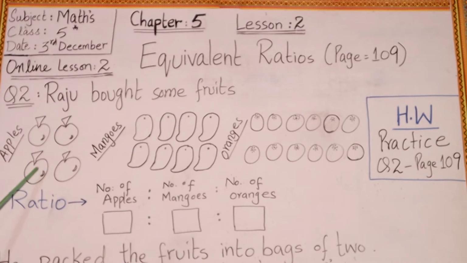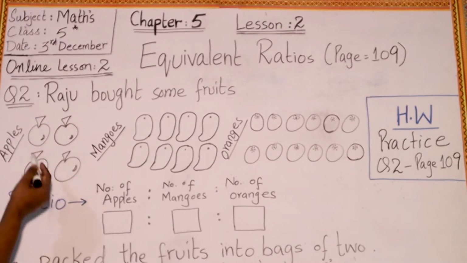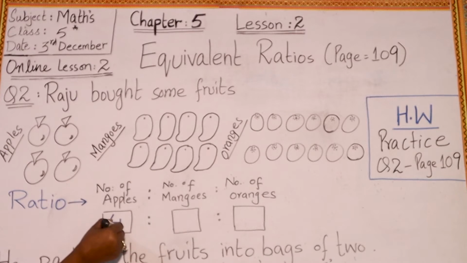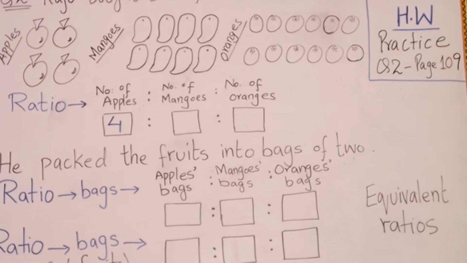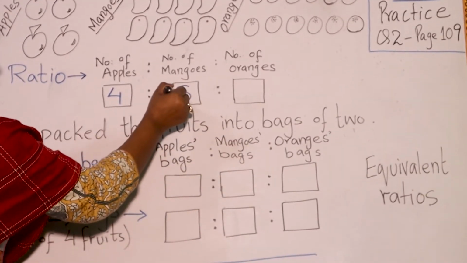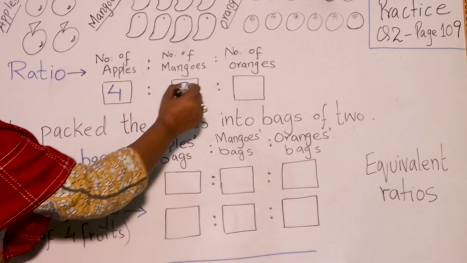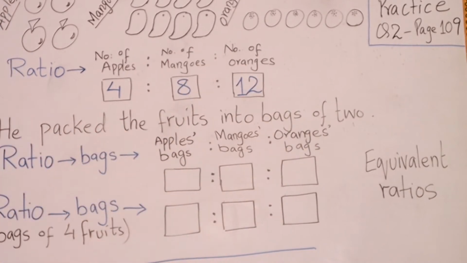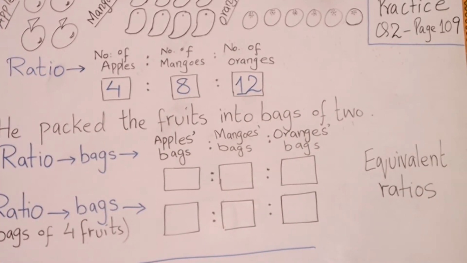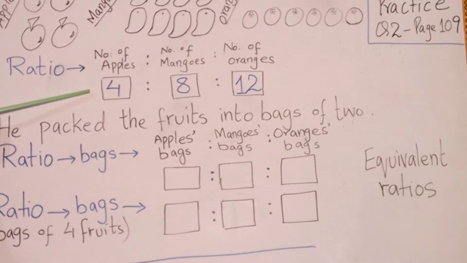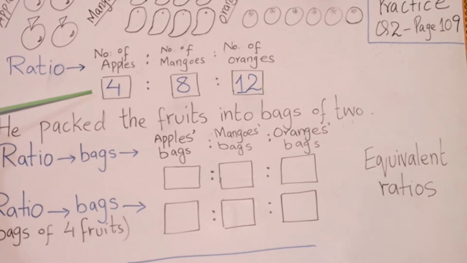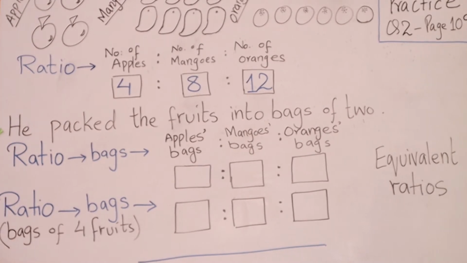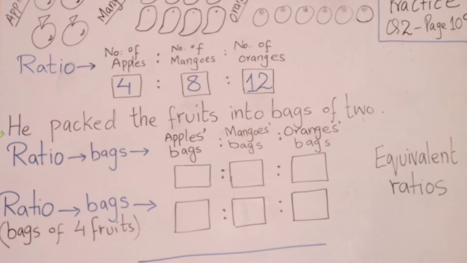There are 4 apples, the number of mangoes is 8 and total oranges are 12. So the ratio of the fruits bought is 4:8:12.